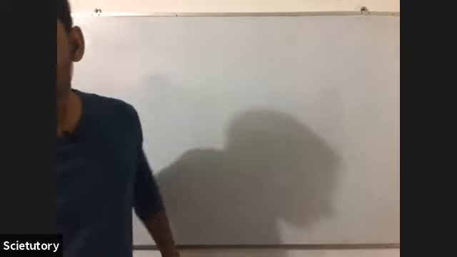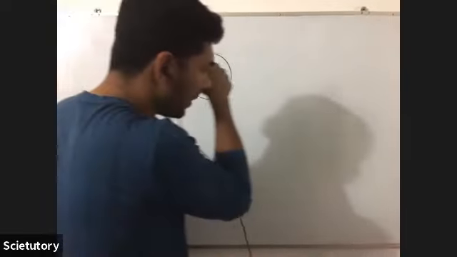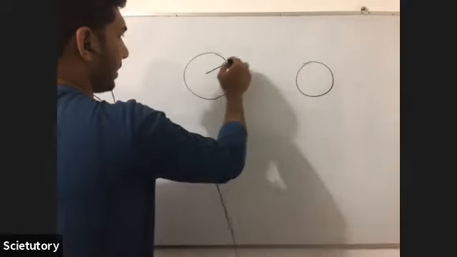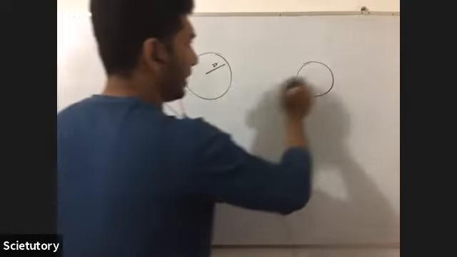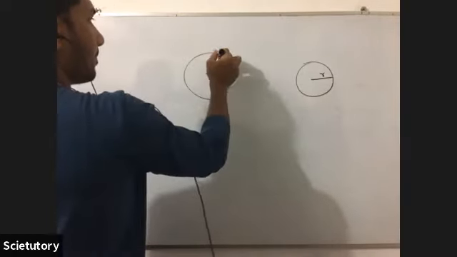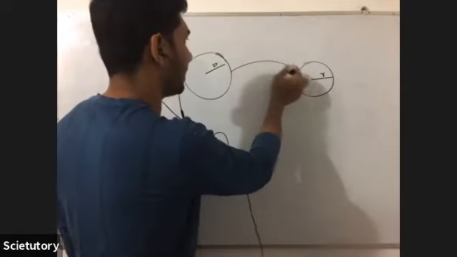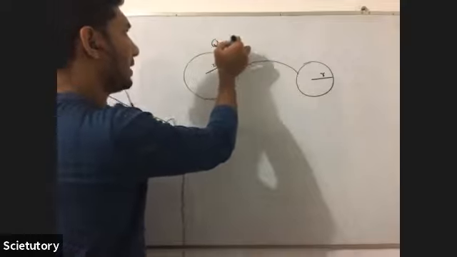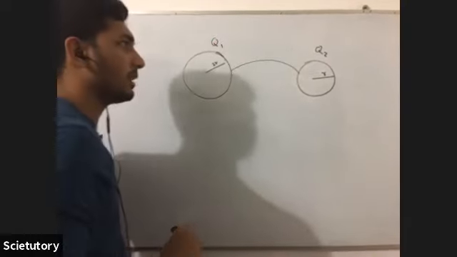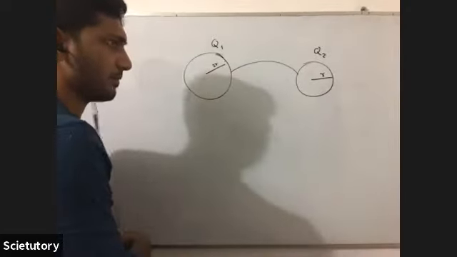So now what is the idea? There are two spheres with different radii. One has 2R radius, the other one has R radius, but they have different charges. So one has Q1, one has Q2, and they're connected by a conducting wire. So what is the significance of this conducting wire?